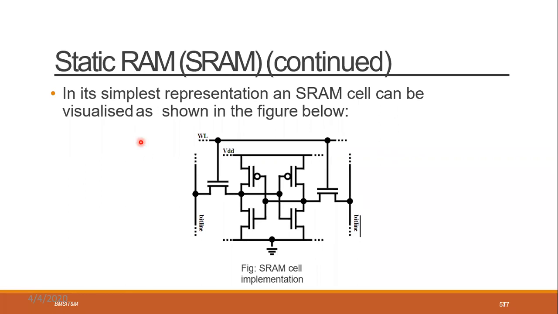RAM is volatile. Volatile means when you disconnect the power supply to this RAM device, the content of memory will be destroyed. Random access means you can access data randomly. It need not be in a sequential form, you need not traverse continuous locations.